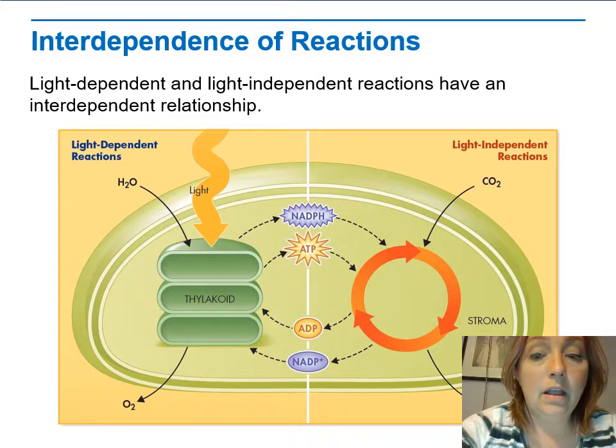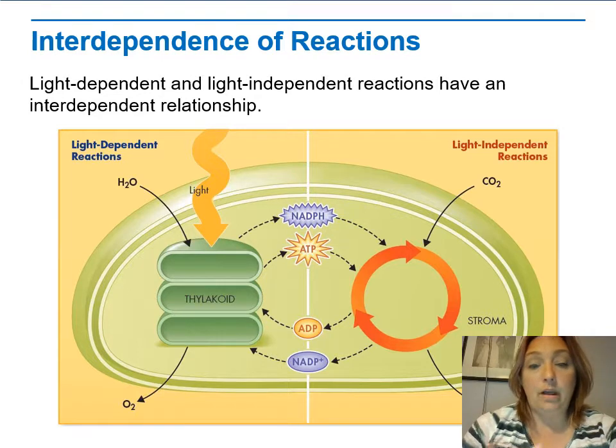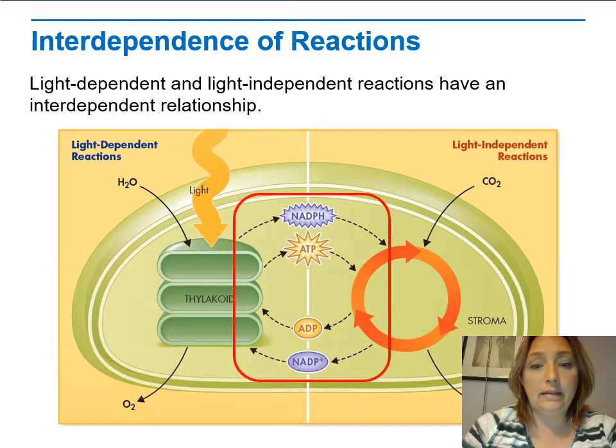So while the reactions in the stroma don't necessarily need light, they do need the ATP and NADPH that are produced in the thylakoid membranes when light is present.